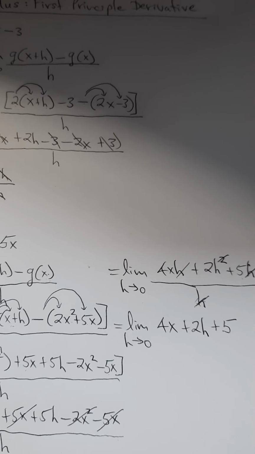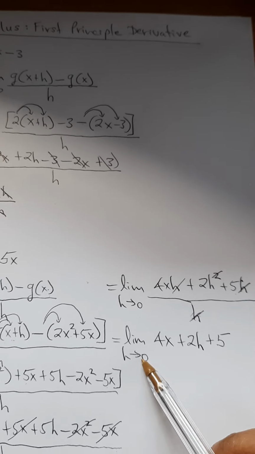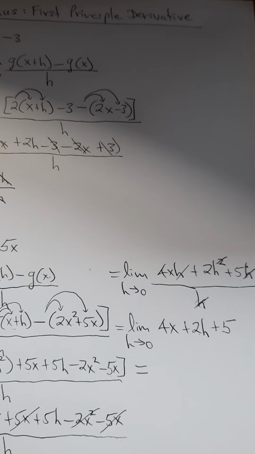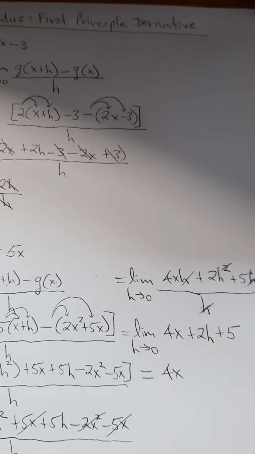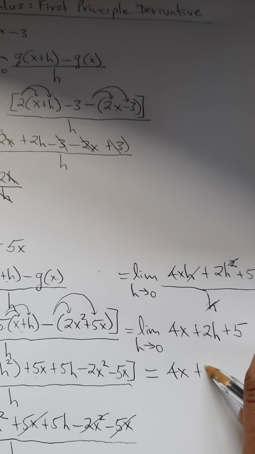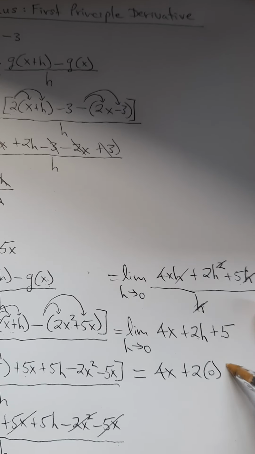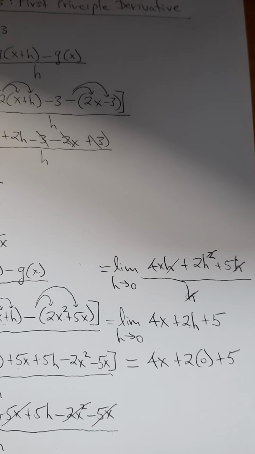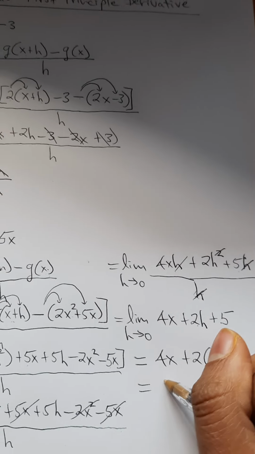And now you see basically that I have the h approaching 0. So now we don't need to write the limit as h approaches 0. We're just going to substitute it in. So 4x plus 2 times 0 plus 5. I notice the 2 times 0 is equal to 0.